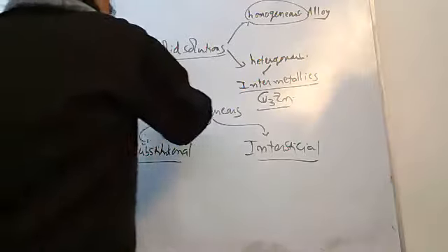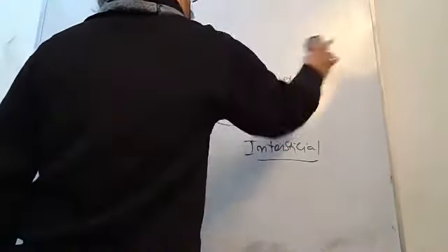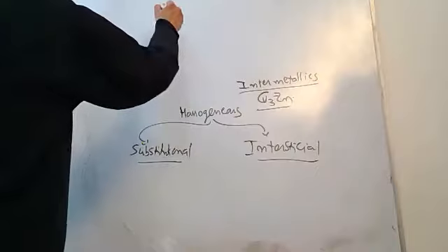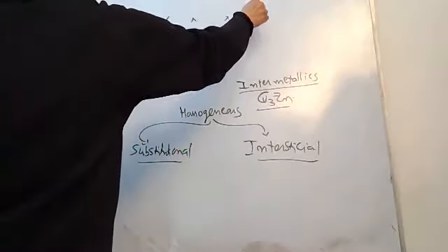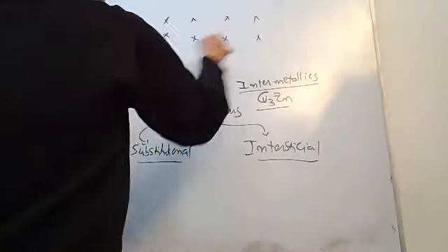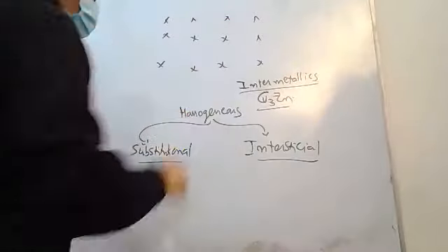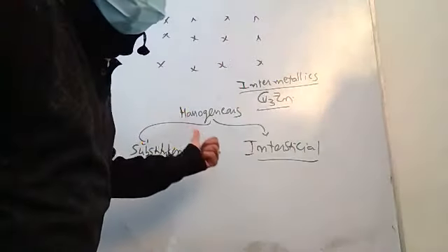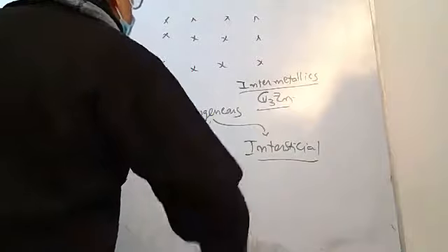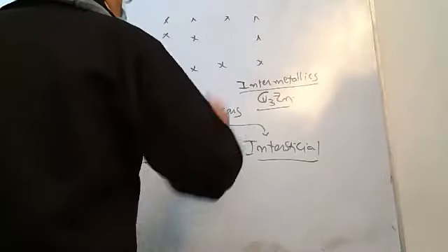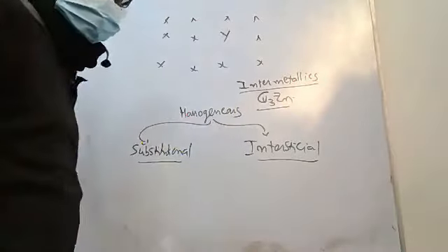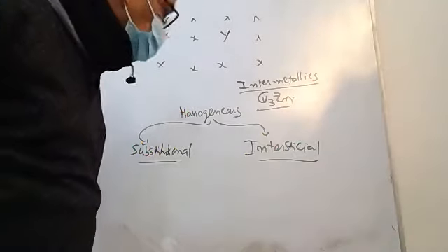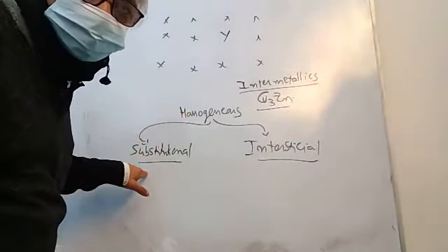So, for example, in a substitutional solid solution, let's say this is my host network of atoms arranged in this way. If you put a guest atom into this, and the guest atom occupies one of the positions of the host lattice, then we call that a substitutional solid solution.